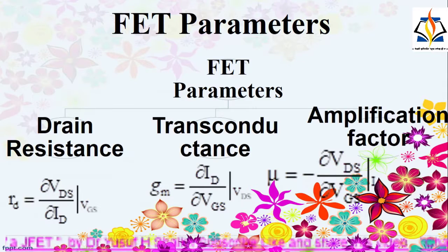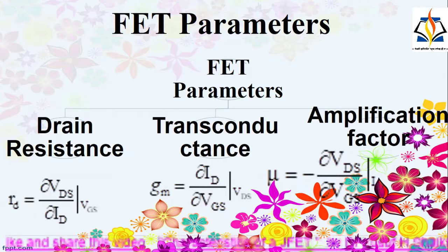The main parameters for FET in common source configuration are defined as follows. Drain resistance. For low values of drain source voltage, the variation of the drain current is quite linear, with the gate source voltage being constant. Thus, the FET can be considered as a simple resistance, and this resistance is known as the drain resistance, denoted by RD.